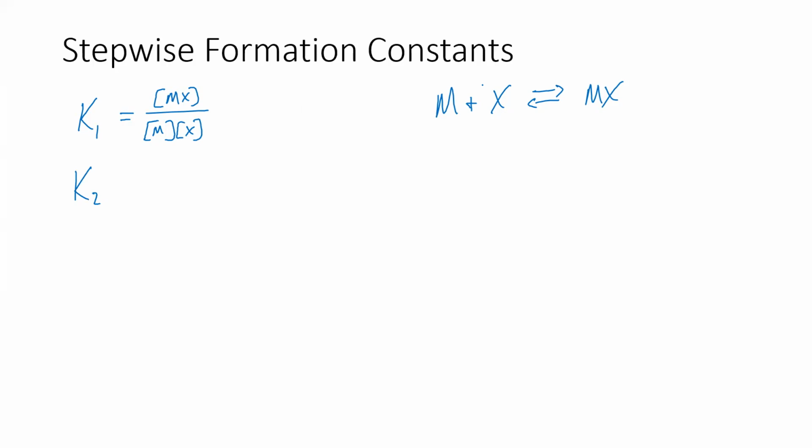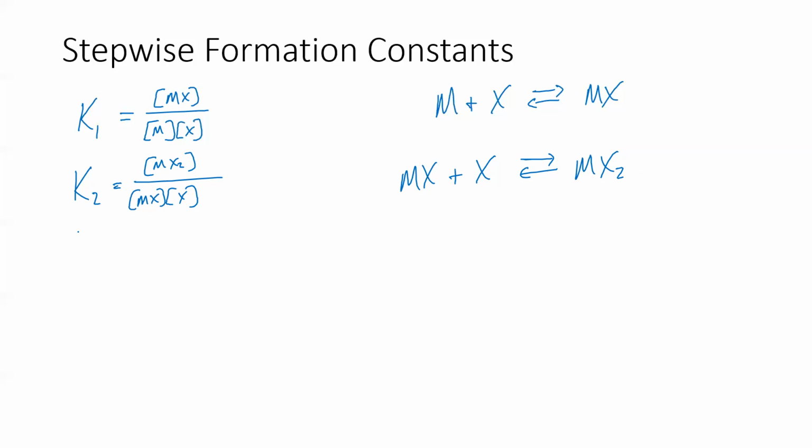K2, so if we were adding the second one on, then I would have MX2 over MX times X. And I'll write that out real quick just so that you follow along with what I'm talking about. So this is when we're adding X's on one by one.